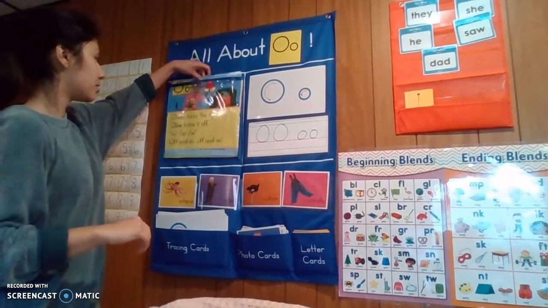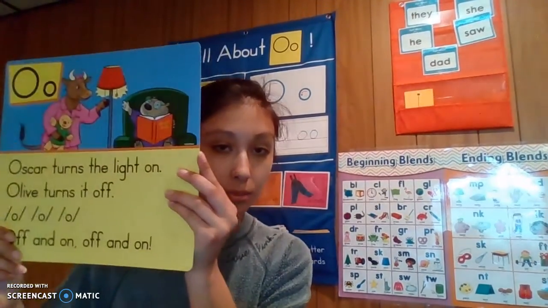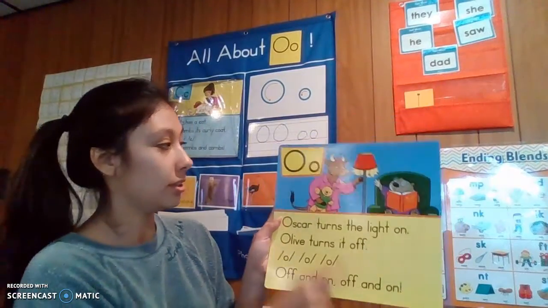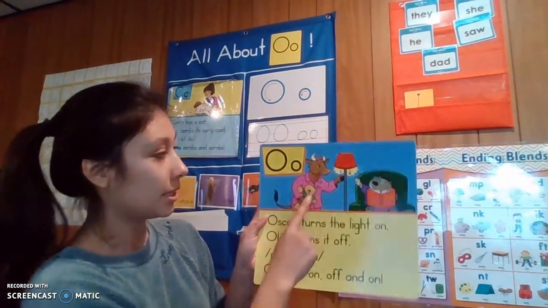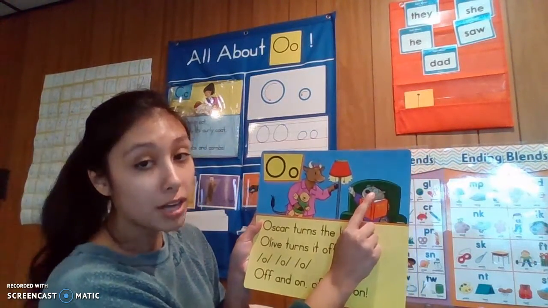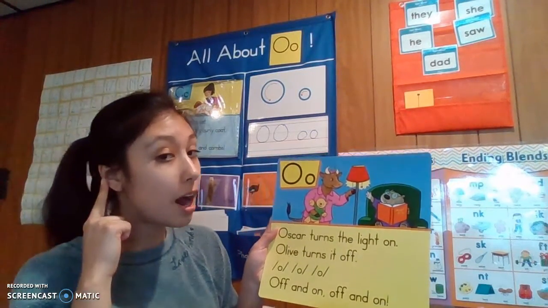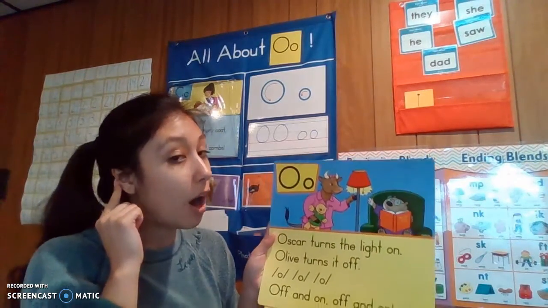But we're going to move on to the sound the letter O makes. So I'm going to read this quick story. It says O, uppercase, O, lowercase. And right here we have a picture of an ox and an otter. So listen for that O sound. We're going to have 2 sounds that O makes, but we're really listening for that ah sound.